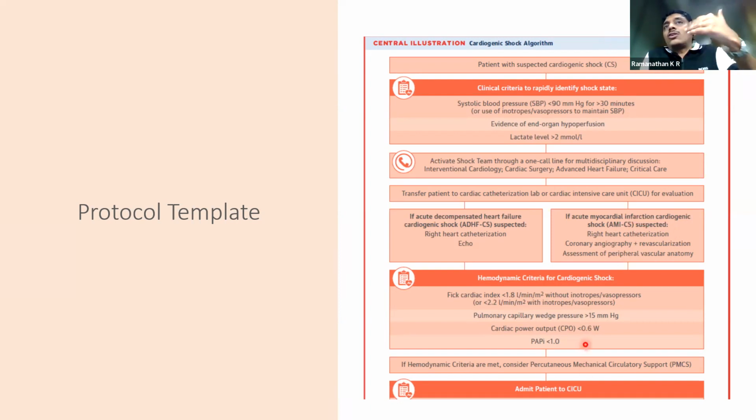Again, this is just a sample or template protocol. It can be variable within institutions, but most of the templates have the same kind of skeleton, where decisions are based on a right heart catheterization and bedside echocardiography. Again, the decision for percutaneous mechanical cardiac support is made on cardiac power output as well as measurement of cardiac index.